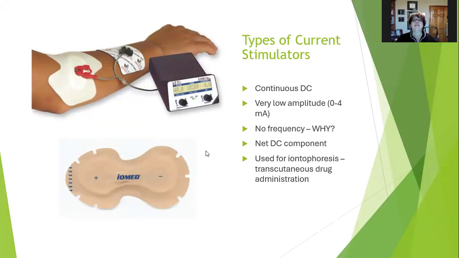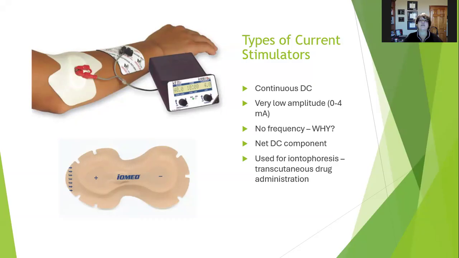So, a continuous direct current stimulator. The electrical device that we use for e-stim is called a stimulator. It is usually only used for iontophoresis, transdermal delivery of charged medications, at a very low amplitude, 0 to 4 milliamps.